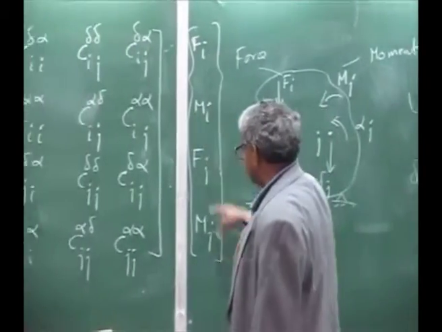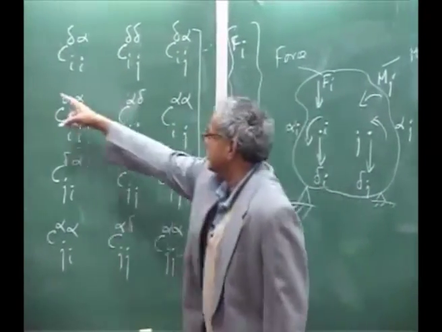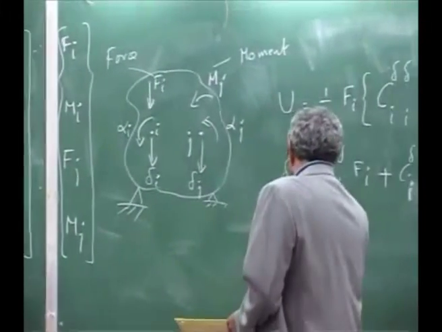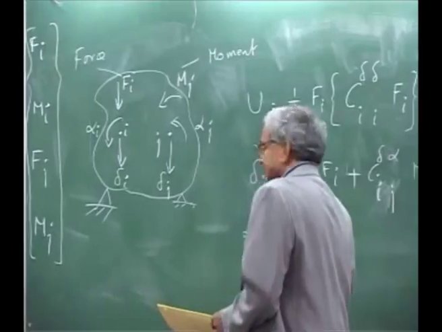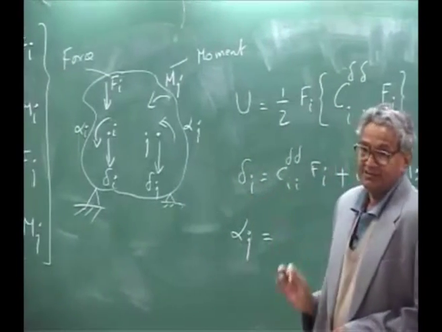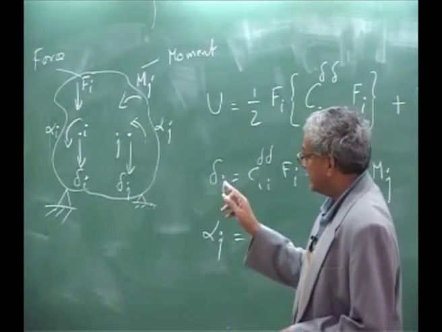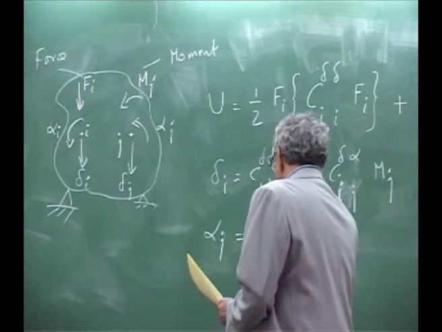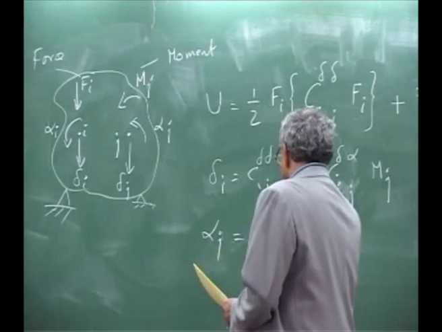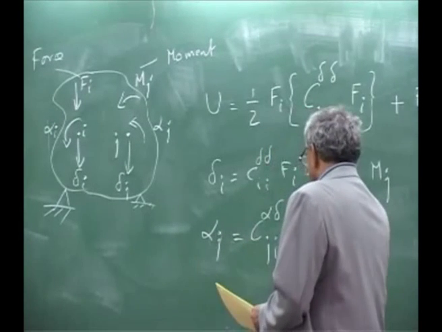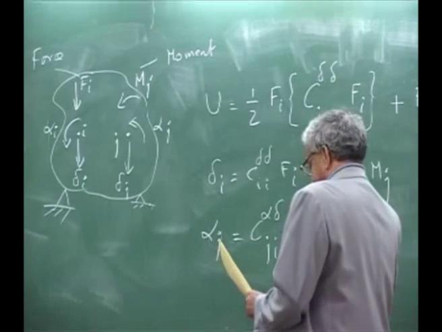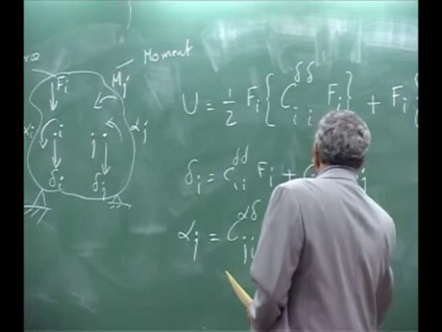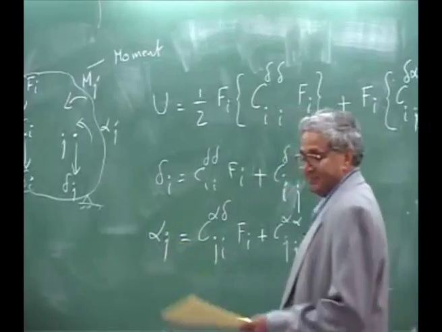Because here you have Fi, Mj, these two are 0, so you have I delta, that's all this term. Similarly you can have alpha j, that is the total rotational deformation at point j due to both the loads. You will have Cji alpha delta Fi plus Cjj alpha alpha Mj.